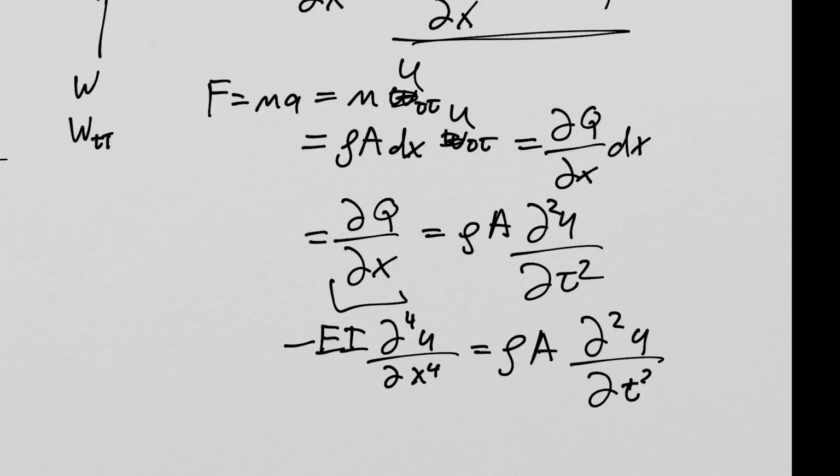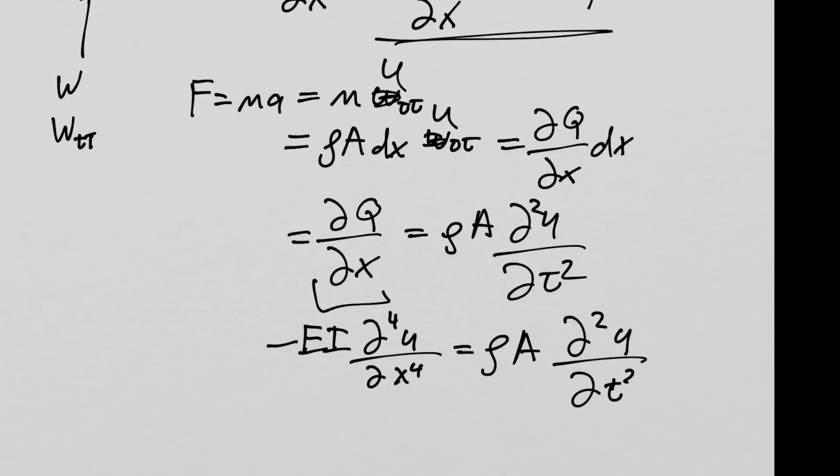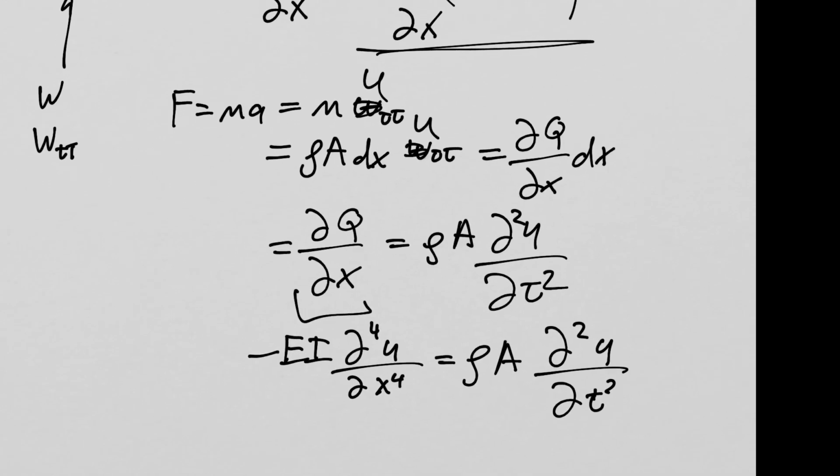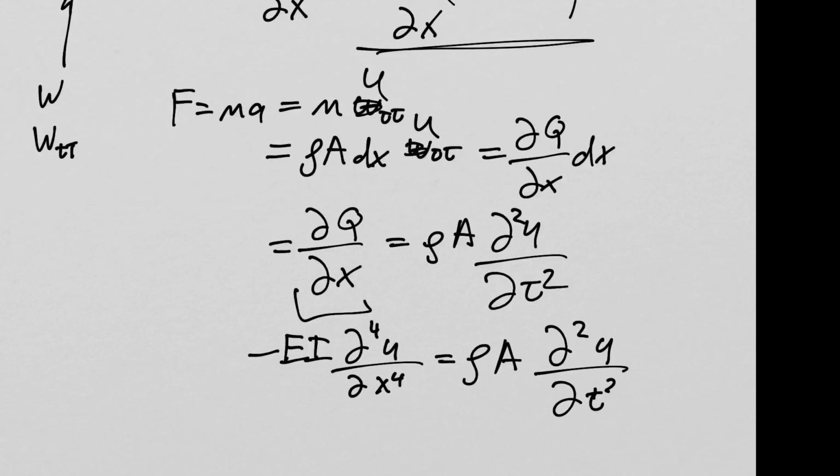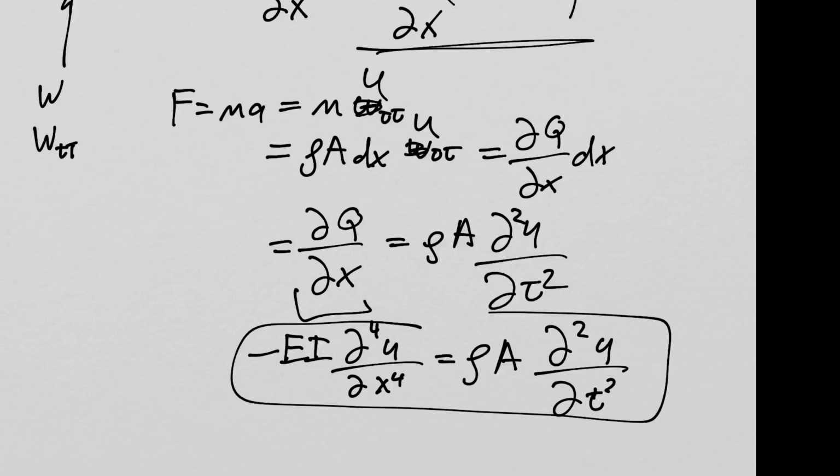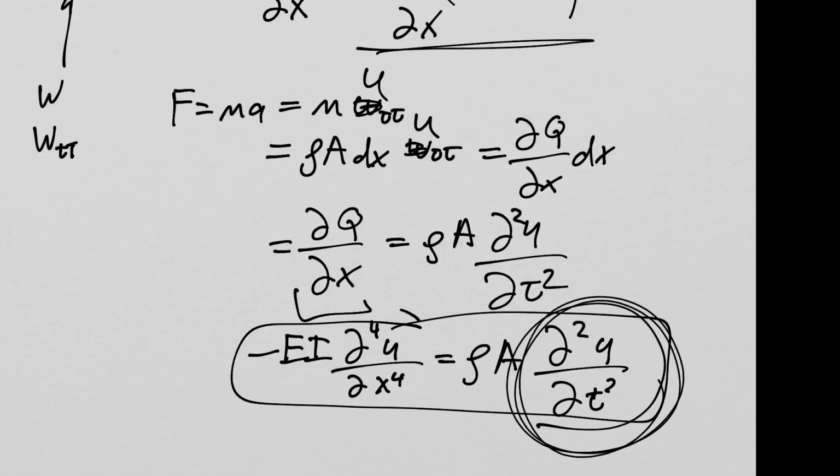So it looks a little bit like the wave equation. And let's see how close I am to being done. Well, that really is almost it. I guess I just need to clean it up a little bit. But this is a wave equation, right? You have partial u with respect to t squared, and then you have a fourth derivative of u on this side.